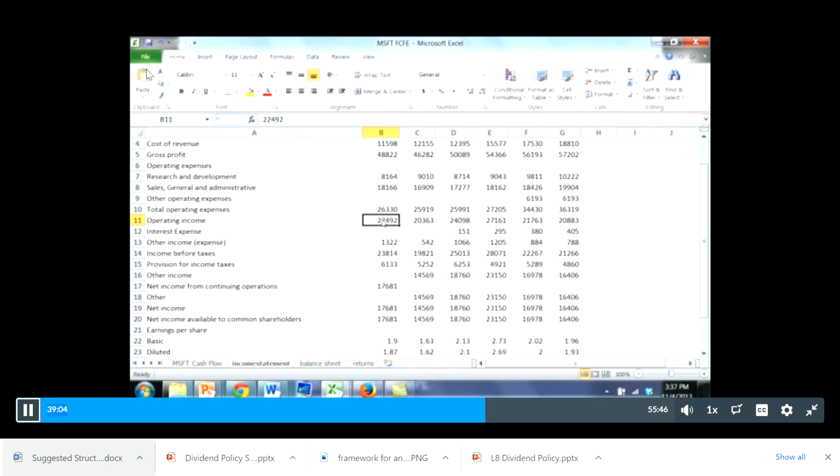So here's operating income. Oh, look at that. In the case of Microsoft, at least for this year, they do have some other income that's not included here. So that bumps that up. And so, okay, that's why.